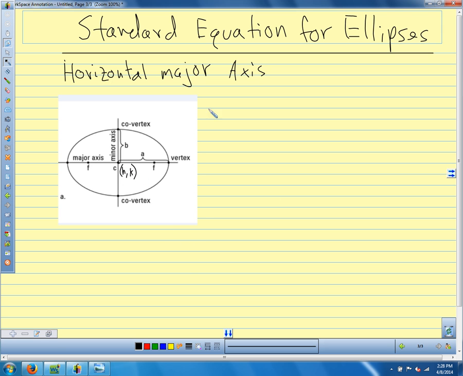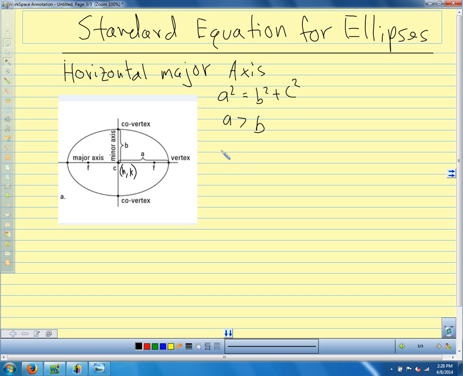For an ellipse, always a squared equals b squared plus c squared. And for an ellipse, a, the distance from the center to the vertex, is always bigger than b, the distance from the center to the co-vertex. So a is greater than b for an ellipse. So a is the bigger number.